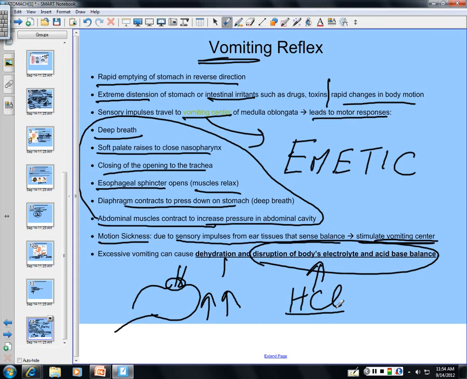So what happens? The blood becomes alkaline. Why? Because the stomach is attempting to replace its lost hydrogen ions. And the stomach is going to absorb them from where? From the blood. So as a result, you are going to have an acid-base imbalance.